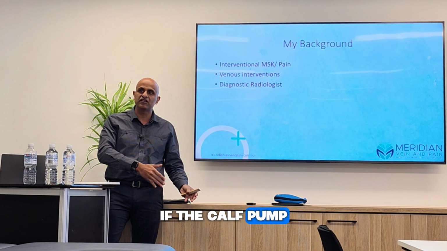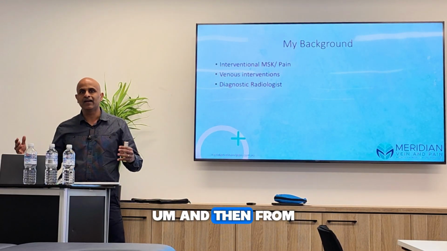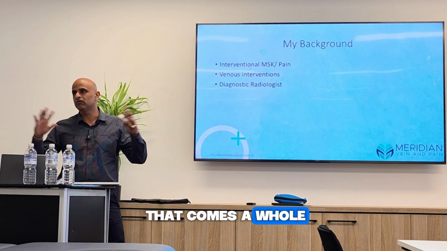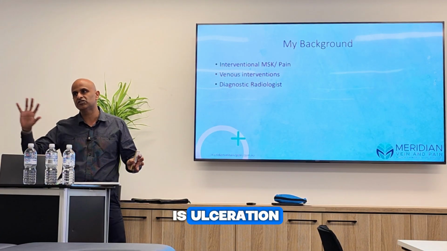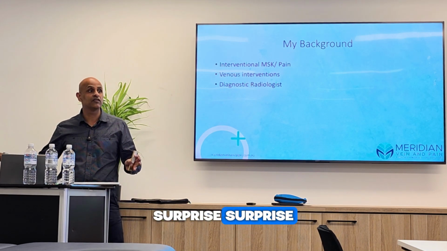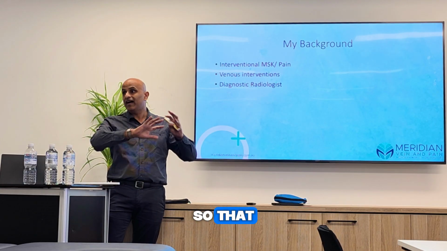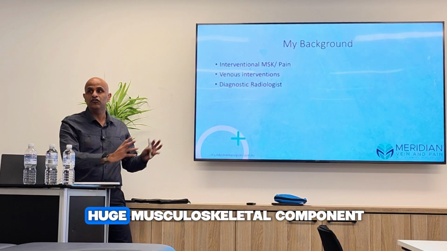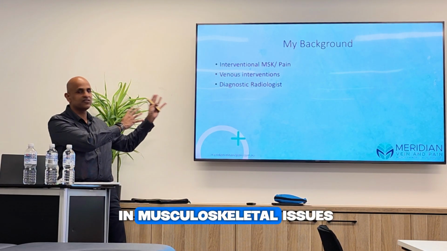If their calf pump doesn't work, then they have stagnation. And from that comes a whole bunch of issues, one of which is DVT, the other one is ulceration, edema and lymphedema, and then the third one is, surprise, surprise, peripheral neuropathy. So that cohort has a huge musculoskeletal component, and the same thing happens in musculoskeletal issues.